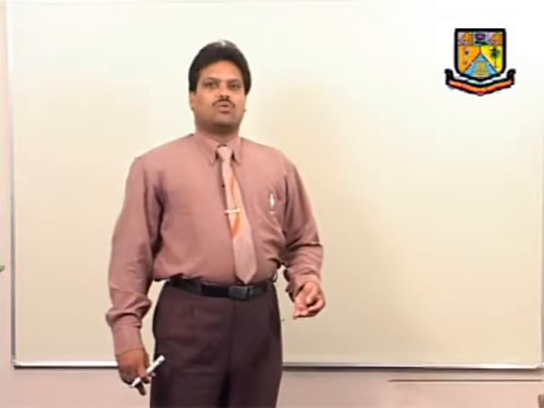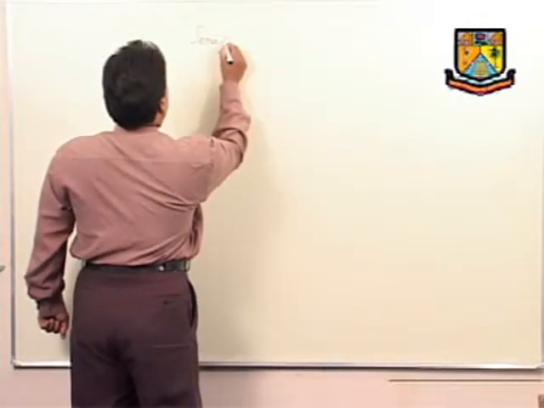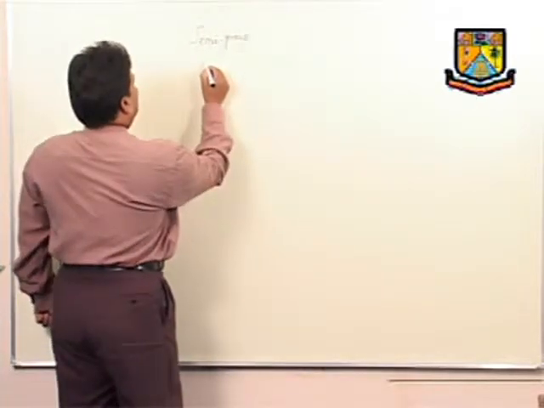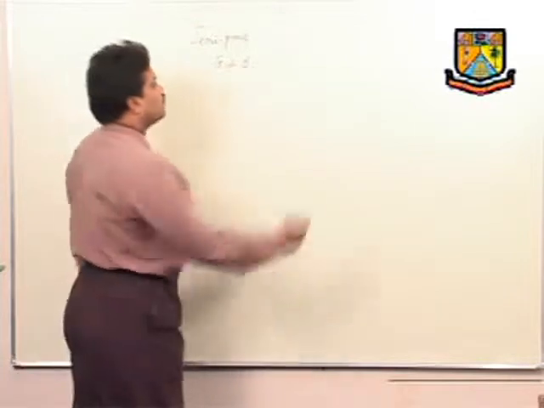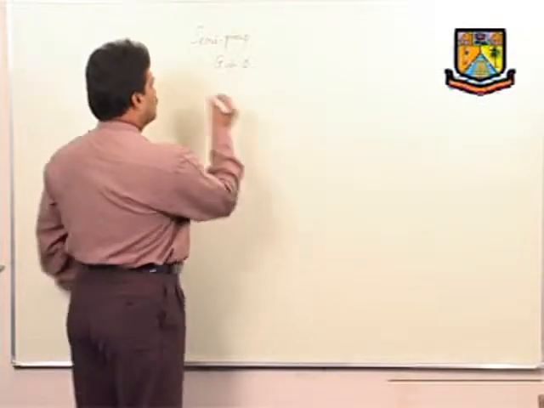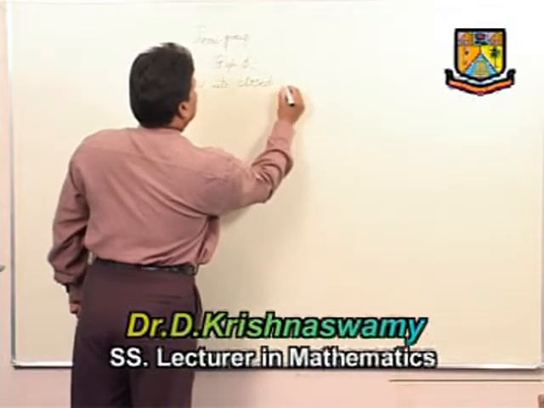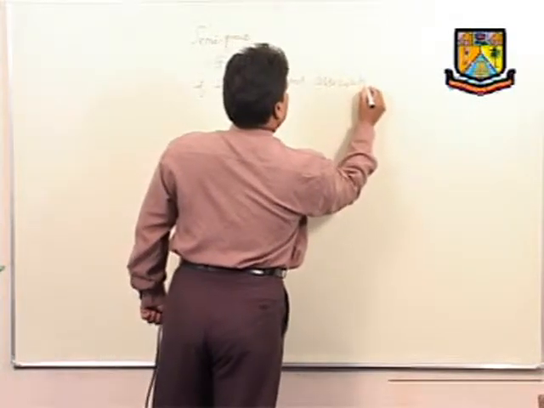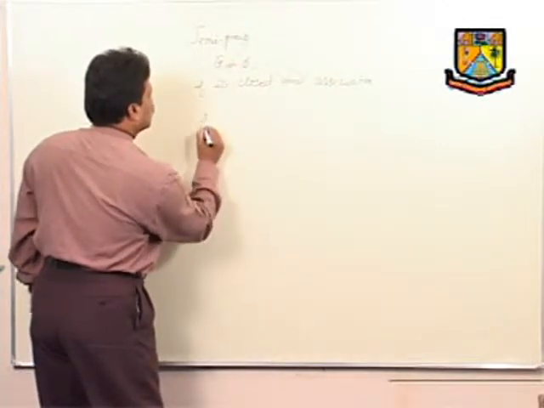Next we will see what is a semi-group. A non-empty set G together with binary operation dot is said to form a semi-group if it is closed and associative. And the last definition here is abelian group.